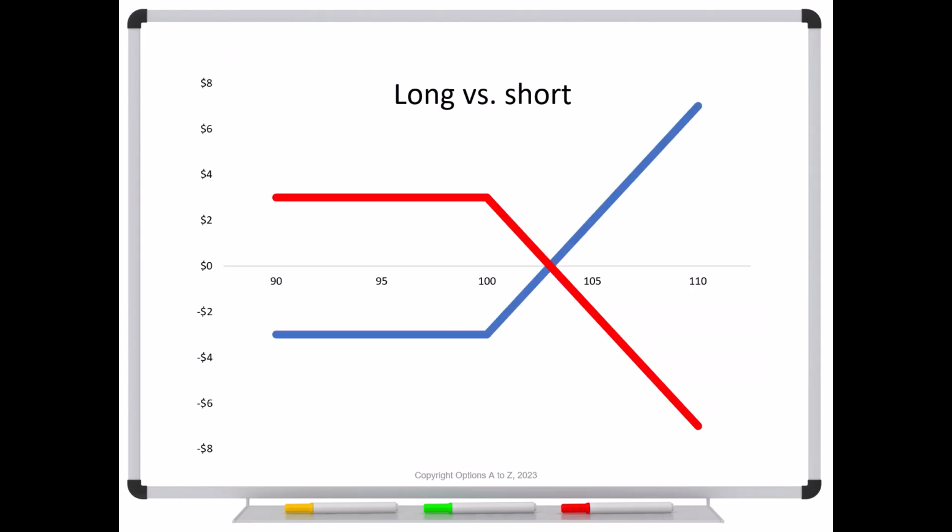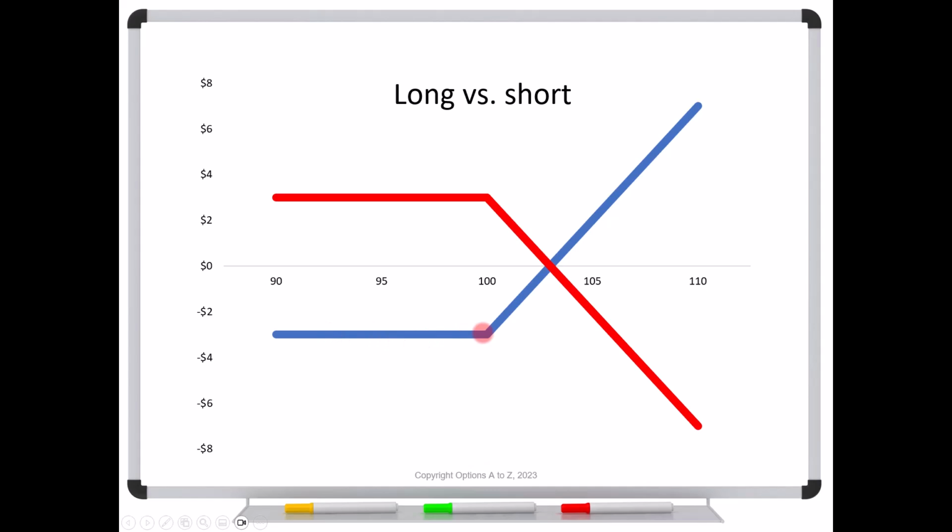So for example, here I've got a long call in blue, 100 call. There's our bend at 100, and we also have a short 100 call in red. Notice that both bend at the same strike because they're long and short the 100. You can think of the red graph as the trader on the opposite side of the person of the blue graph.